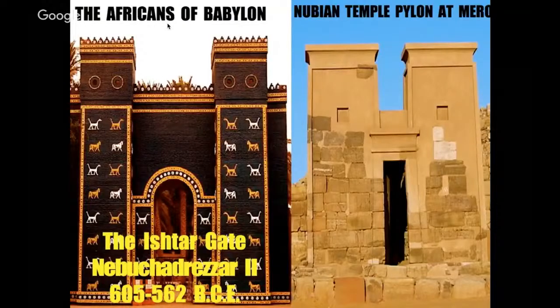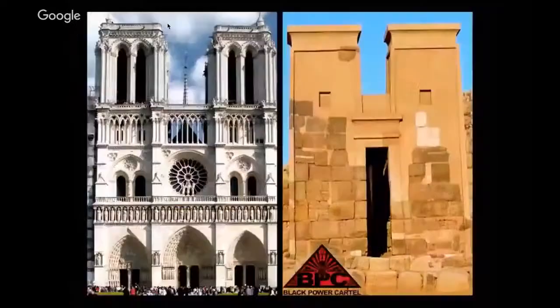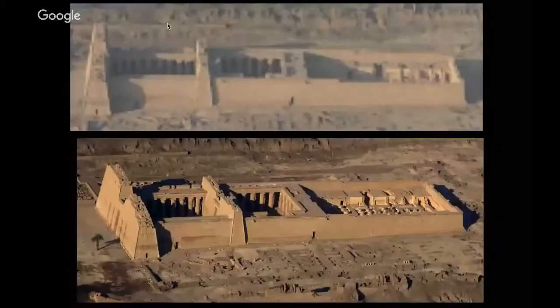Now, the Nubian temple pylon, they put a little something on the top of it, but they got a whole lot that don't need to be reconstructed to show you exactly where it comes from. Now, you see the pylons up front of the basilica. I'm going to show you the rectangle design of the church, of the basilica, of the mosque.